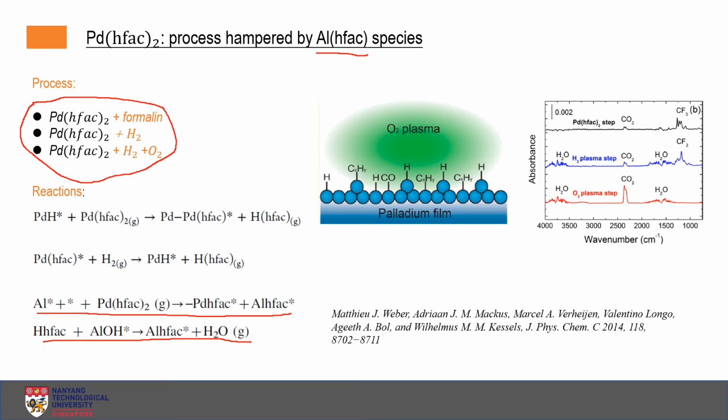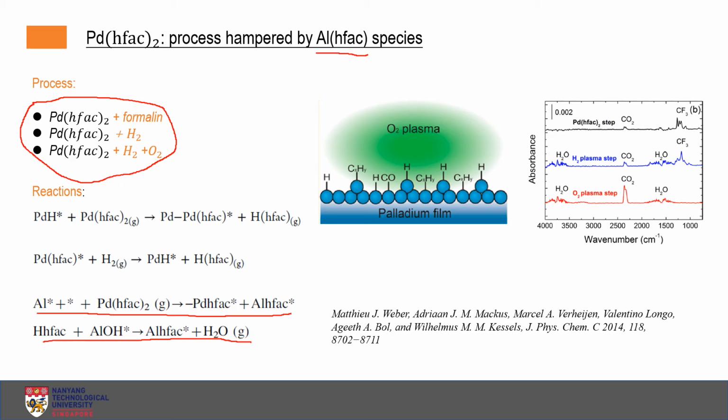This reaction will form AlHfac species. This species will always stay on the surface, occupying the space and preventing the attachment of precursors in the next step. So the process slows down.